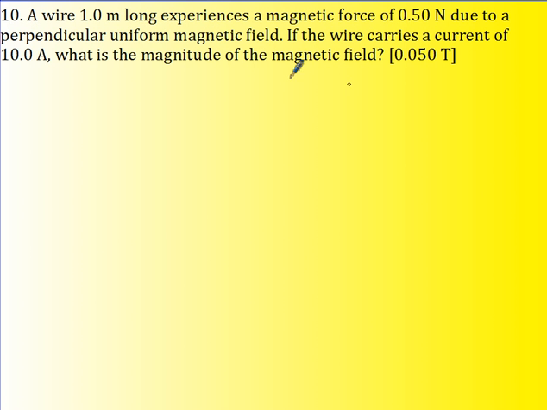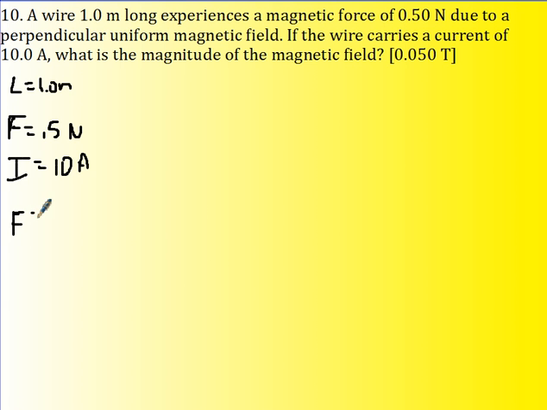Now, I have a wire 1 meter long. It experiences a magnetic force, F equals 0.5 newtons, due to a perpendicular magnetic field. If the wire carries a current of I equals 10 amps, what's the magnetic field?